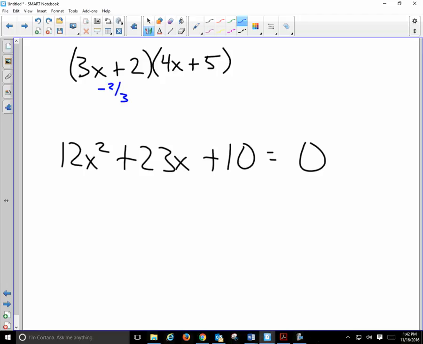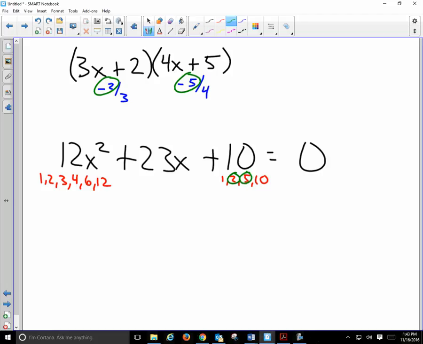-2/3. What is our solution here? -5/4. Well, what's really interesting is if you look at the factors of 10: 1, 2, 5, and 10, and the factors of 12: 1, 2, 3, 4, 6, and 12, the numbers on the top, -5 and -2, they come from the last number.